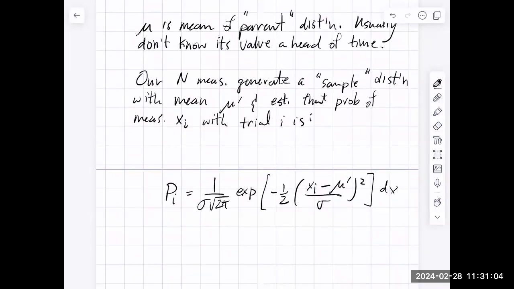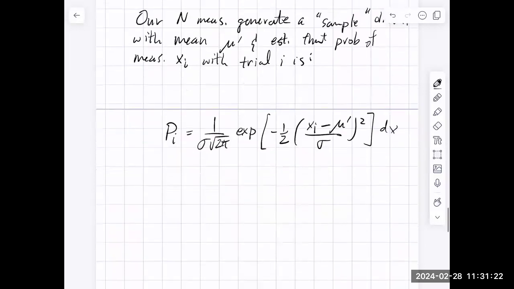So if I have all these individual probabilities, then what would the probability of measuring the value x1, and then x2, and then x3, and then x4, and so on? How would I combine probabilities to get the total probability of getting a particular data set? And we multiply them all, that's right.